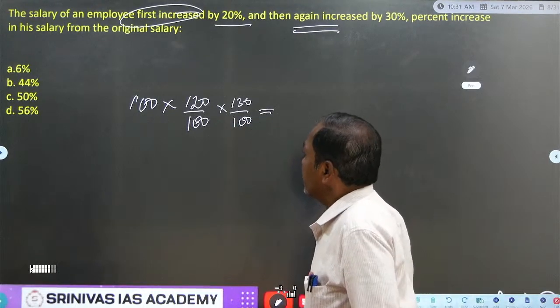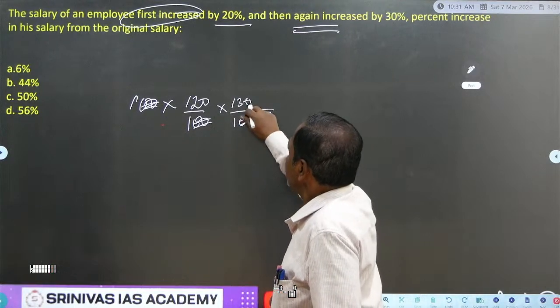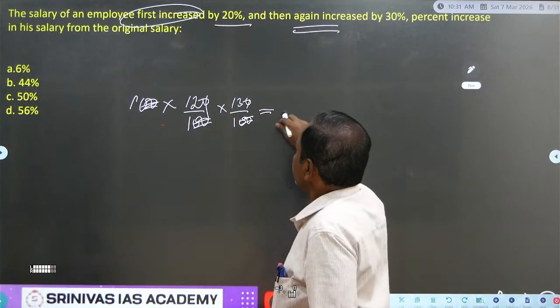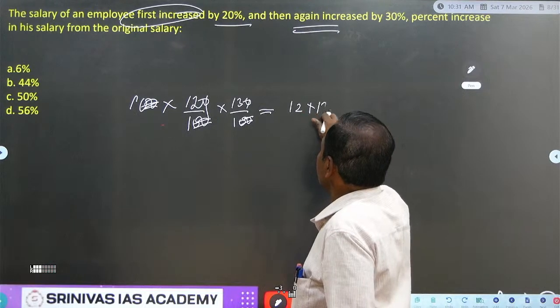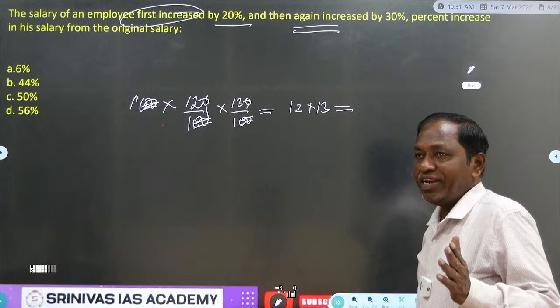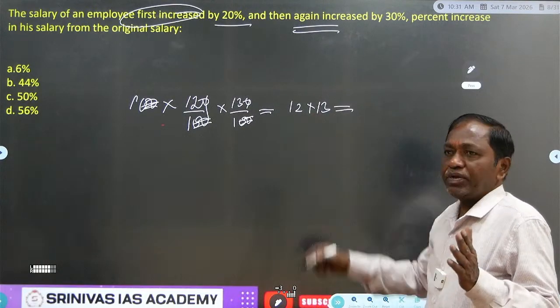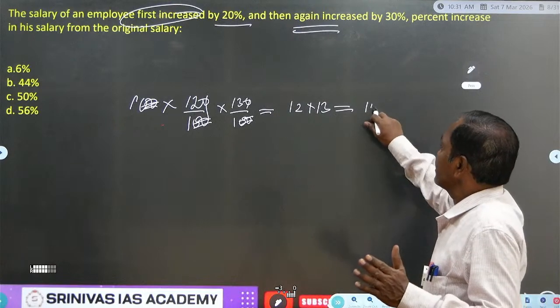Two zeros get cancelled here, and two zeros here. What is left? 12 into 13, which is 12 square plus 12. 12 square is 144, plus 12 is 156.